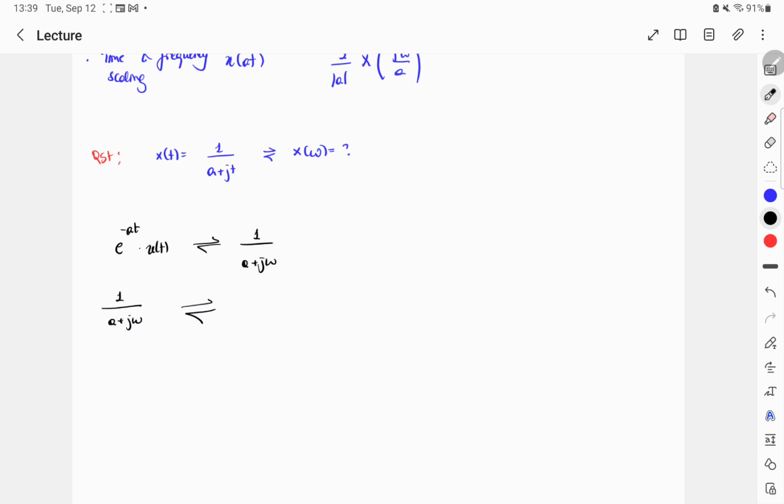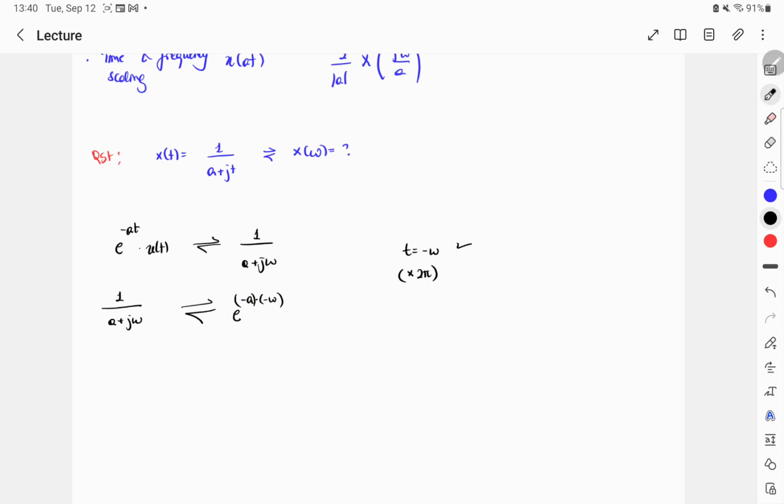However, how can we do this without using the formula? We can just use the duality principle, right? And how do we do that? We just replace t by minus omega, and then we multiply it by 2 pi, as we have already covered. So doing that, we do minus a, and then we write minus omega instead of t.